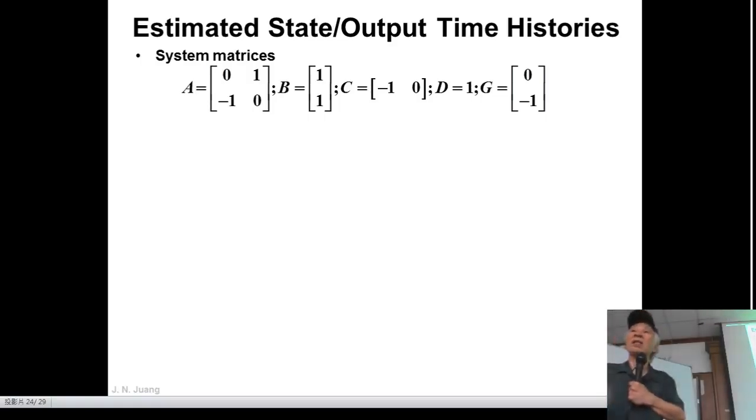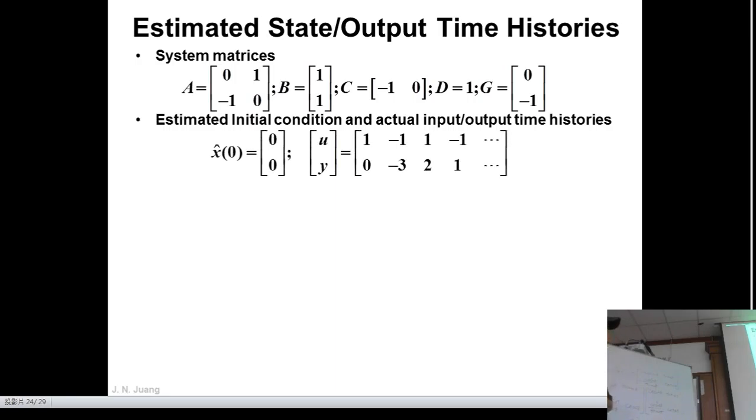Of course, in real life, in practice, ABCD is not calculated from this kind of theoretical approach. You may get ABCD from your system identification or other methods. But now, assume I give you ABCD.